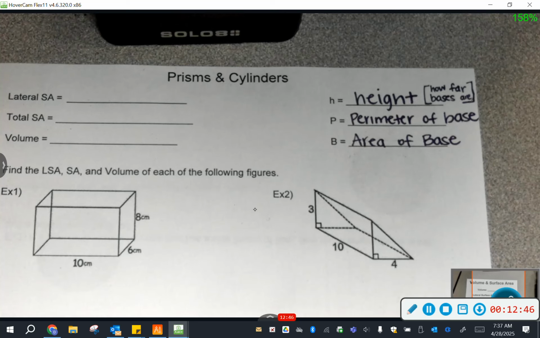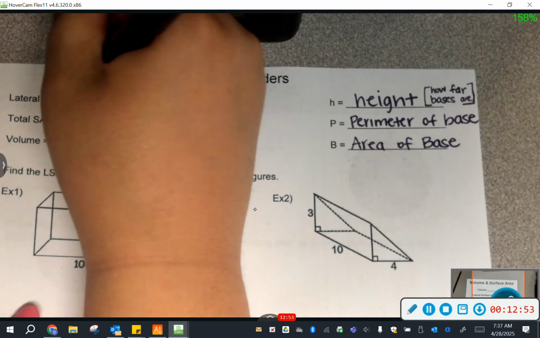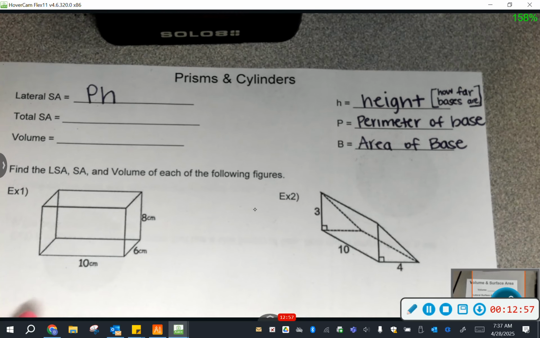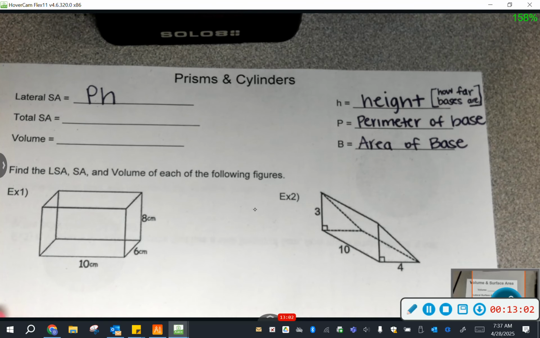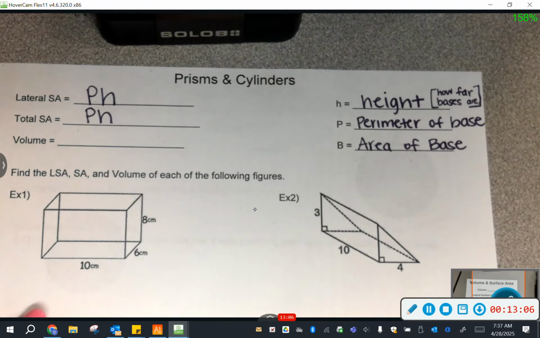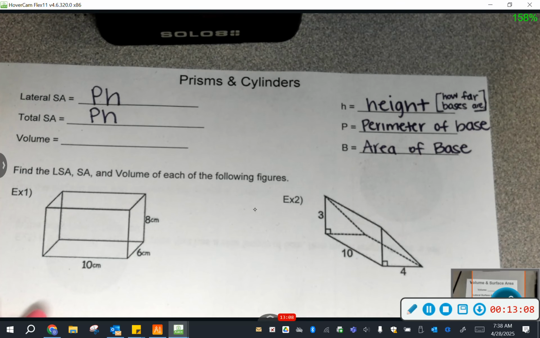Again, you are not going to have to memorize these, so I am just going to give you these formulas. Lateral surface area is pH. Remember, lateral is around. What do you think total surface area would then be? It's going to be pH plus, what do we include when we do the total surface area? The bases.